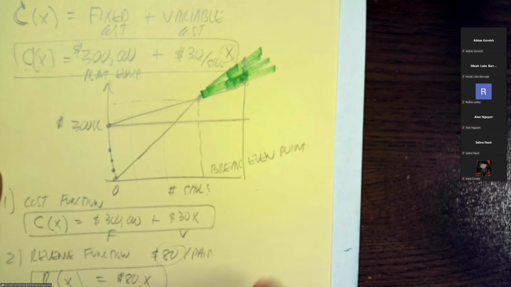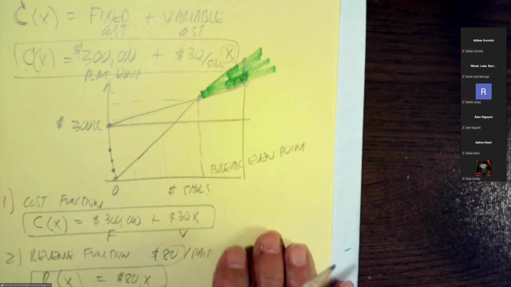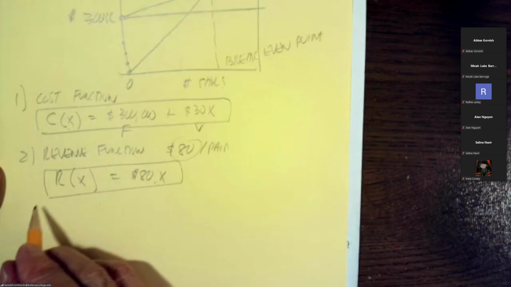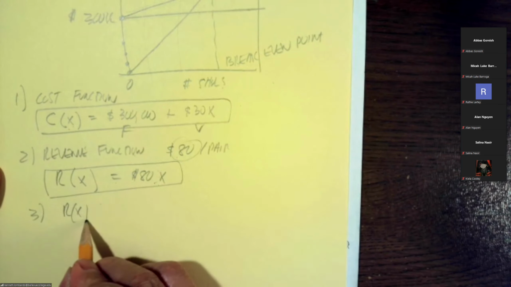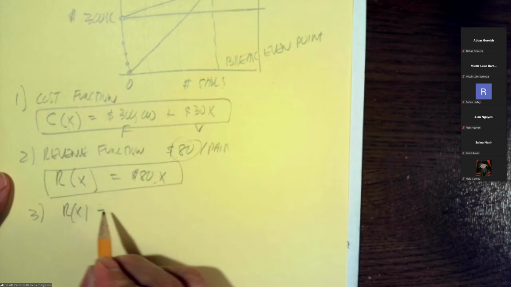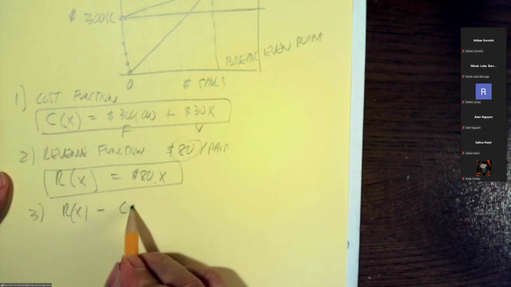Okay, so I've got a cost function, a revenue function, and then I might want to create a profit function, which says, well, my profit is going to be my revenue minus my cost function.